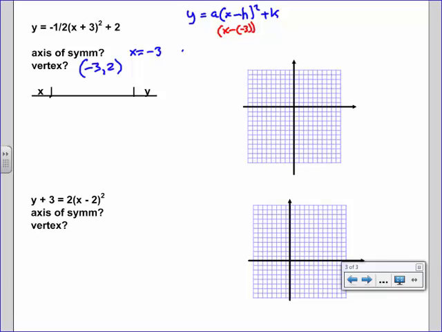And as you're getting used to this, we'll make some tables. So we have negative 1/2, our function, quantity x plus 3 squared plus 2. Now to pick out our x values, we can plot our vertex right now, negative 3, 2, which would be there.